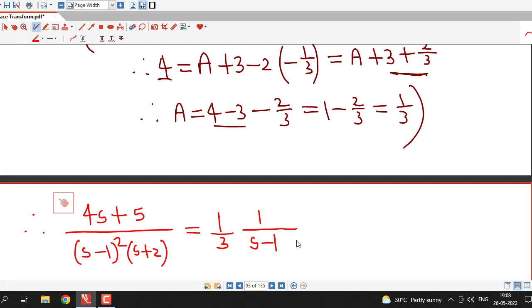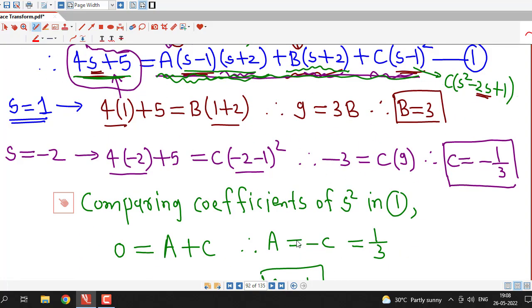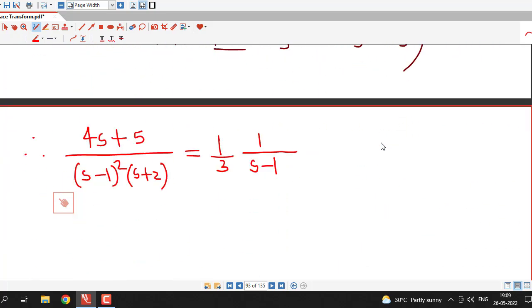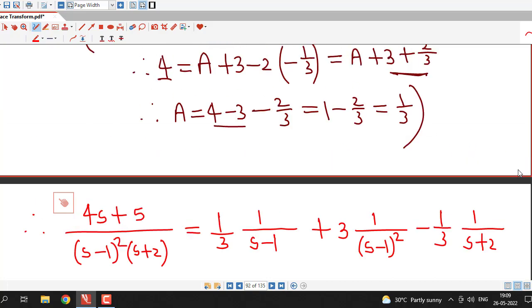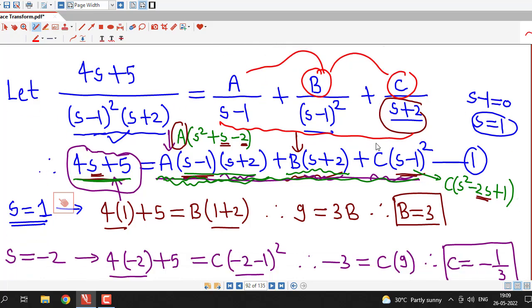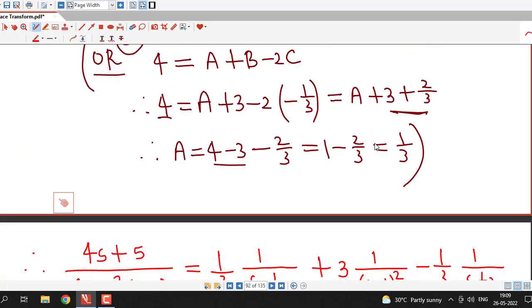The second factor was B over s minus 1 square, and the value of B is 3, so we write 3 into 1 over s minus 1 square. The value of C is minus 1 by 3, so we have minus 1 by 3 times 1 divided by s plus 2. So we have put the values of A, B and C here: B equal to 3, C is minus 1 by 3, and A equal to 1 by 3.